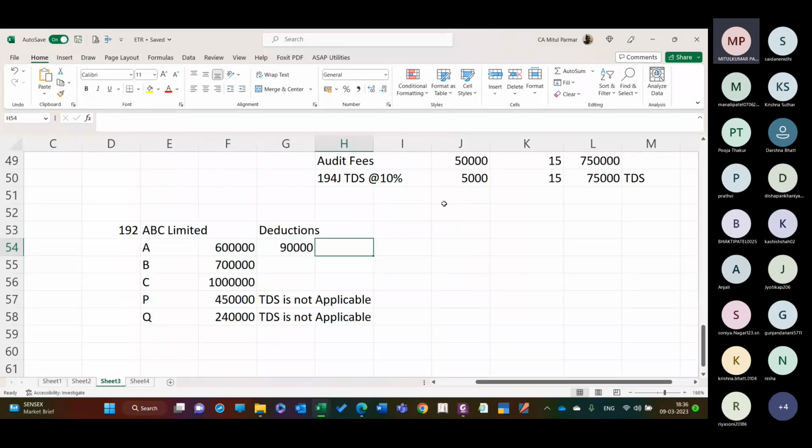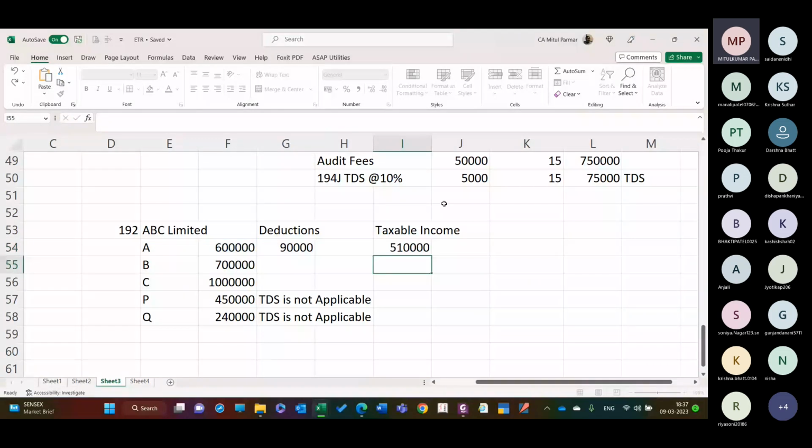So his taxable income comes out to be this minus this, so 5,10,000.